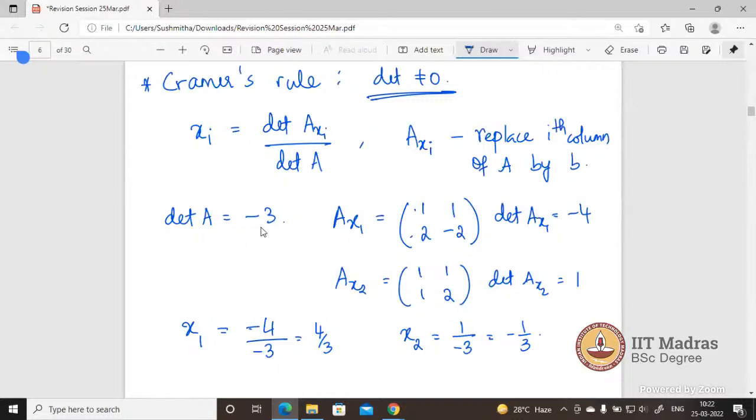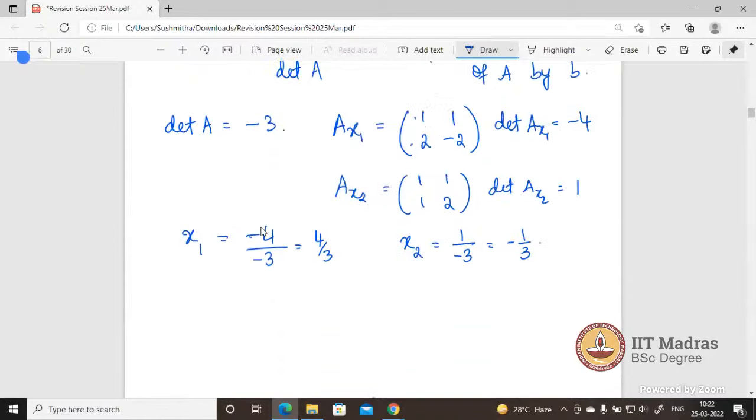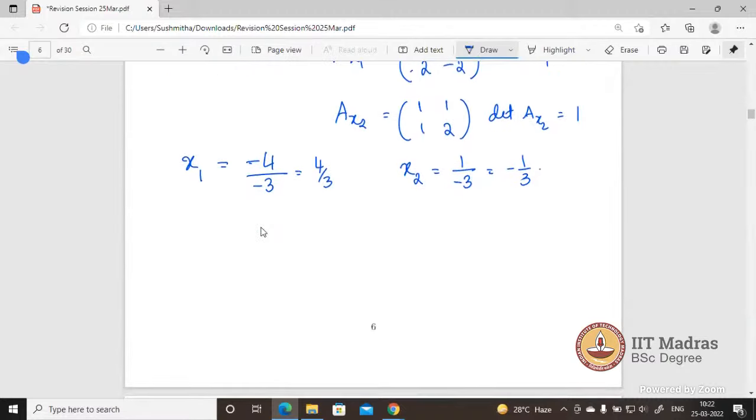There was some partial information given about the solution vector, some problem in the practice assignment, right? In those cases, Cramer's rule is helpful. If a partial solution is given in this system, we can apply this. Okay. And then after Cramer's rule, we had the row echelon form and all.